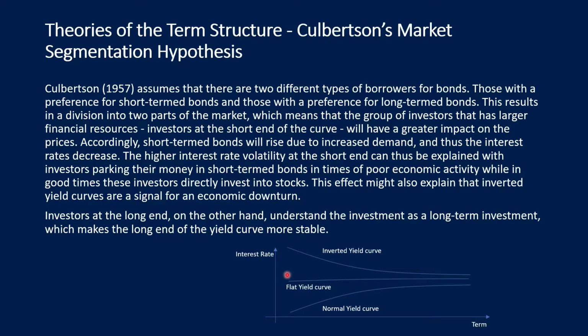And that can also explain that the inverted yield curve is a signal for an economic downturn. On the other hand, those investors at the long end understand their investment as a long-term investment, which makes the long-term end of the yield curve more stable.